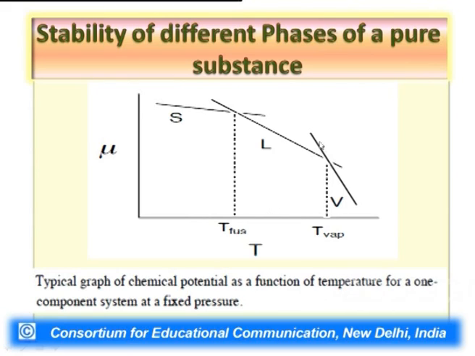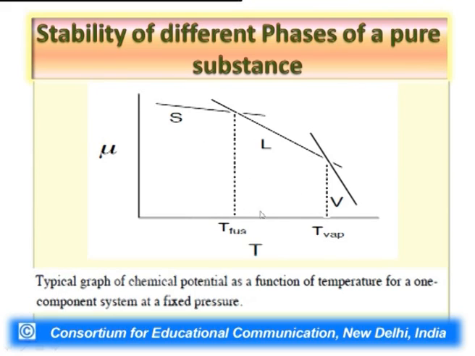There is greater tilt, the slope of vapor phase is much steeper, least slope is for solid phase, and the slope of mu versus T curve for liquid phase is in between. That is what we had predicted, and here we can see on the basis of this graph between chemical potential and temperature.